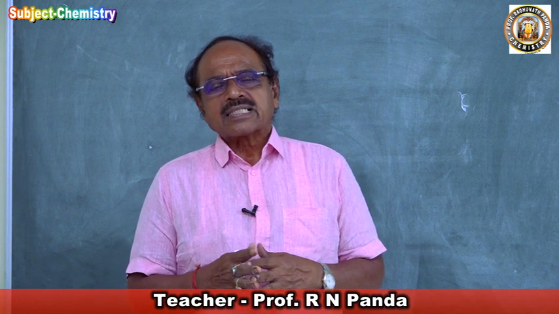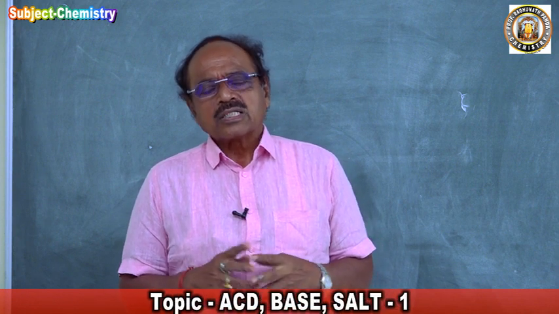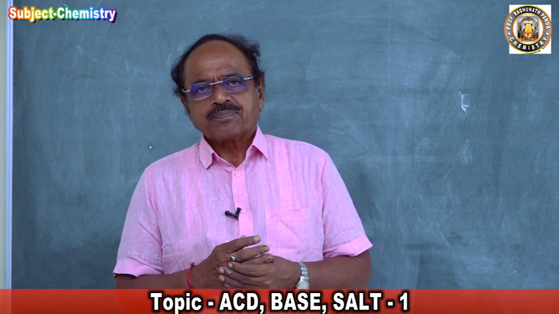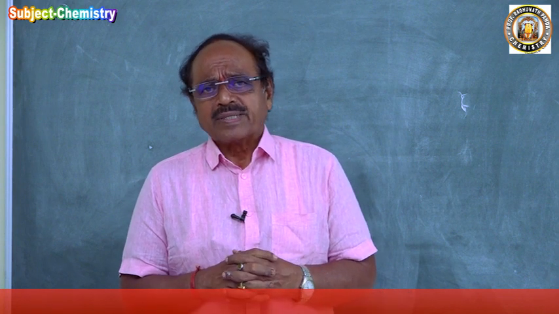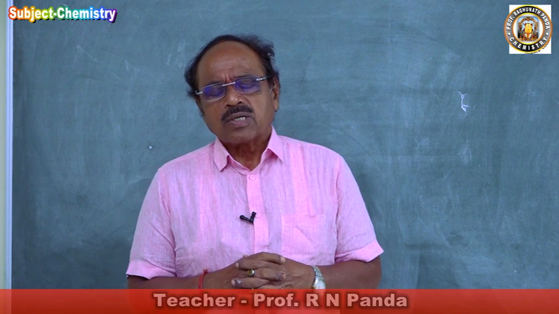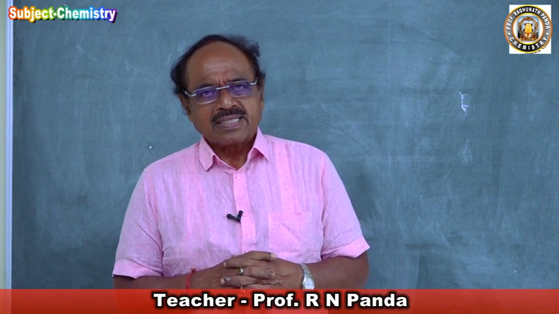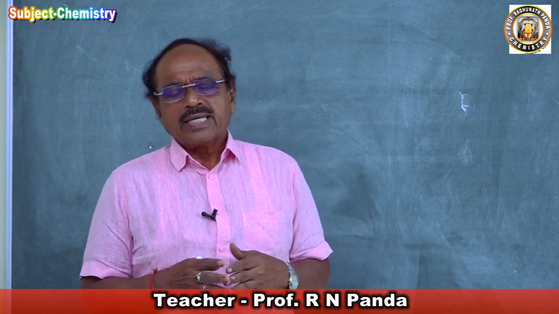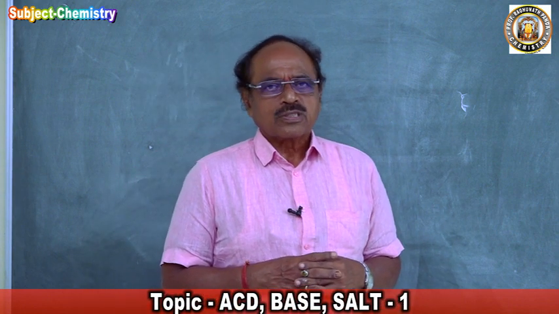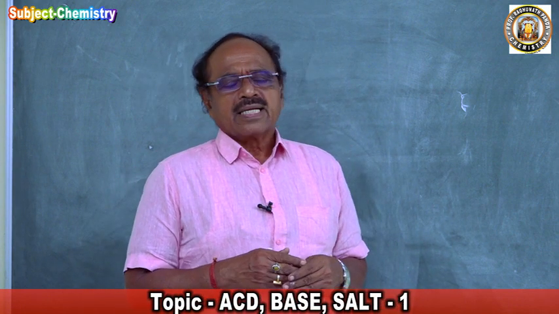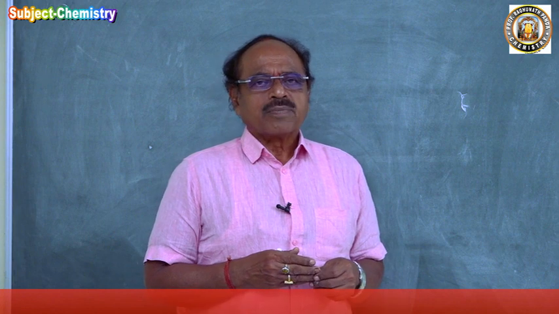Now in today's class we will discuss the oxides. We have also discussed bases. Bases are the compounds, oxides and hydroxides of the metals. All the metallic, electropositive elements combine with oxide and hydroxide to form the bases.